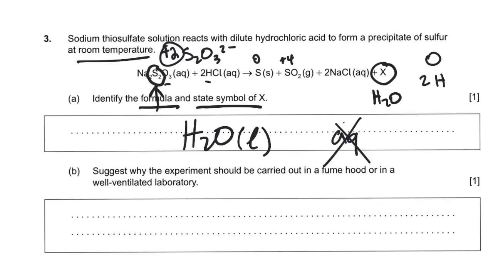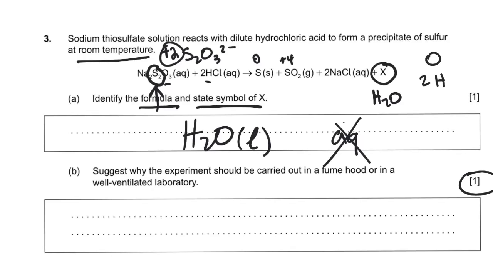Now the next part is kind of a silly little question, but it'll give you a point, and it's kind of a give me if you know what you need to put. So it says suggest why the experiment should be carried out in a fume hood or a well-ventilated area.